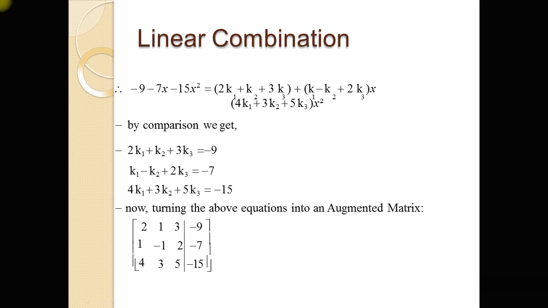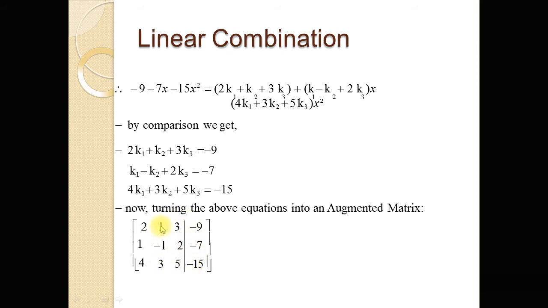Now the augmented matrix. We are going to solve this system of linear equations by any method. Suppose we solve this system of linear equations by the Gaussian elimination method. For the Gaussian elimination method, we obtain the augmented matrix 2, 1, 3, minus 9, 1, minus 1, 2, minus 7, 4, 3, 5, minus 15.